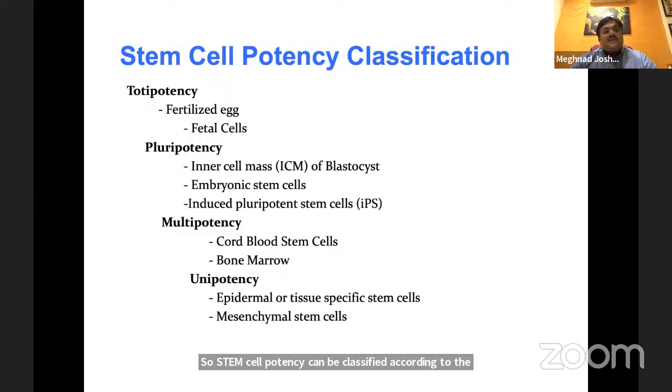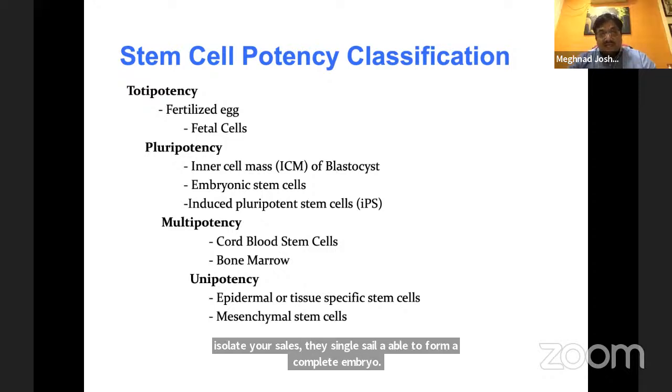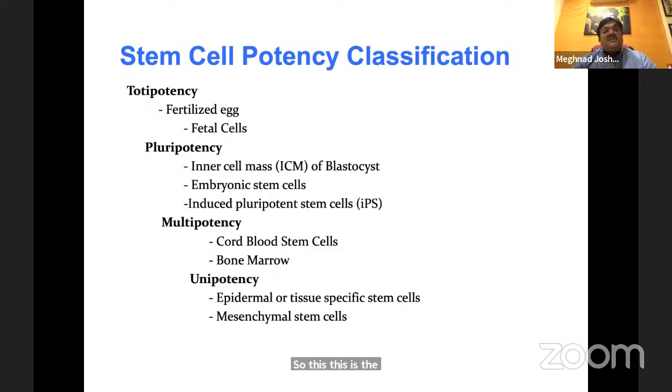At the top is the totipotent cell. This is found a few hours after fertilization. Whenever you isolate those cells, a single cell is able to form a complete embryo. So this is the characteristic of totipotent cells.